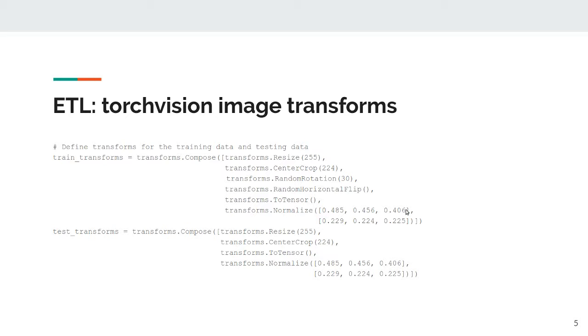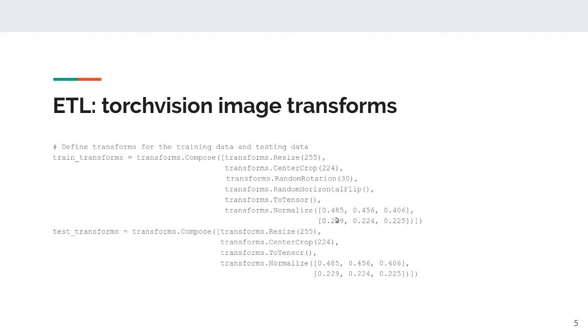Not the dog data set that you are using, but the standard computer vision data set that is used for training the pre-trained models, which is the ImageNet data set. It has millions of images, and they have computed these normalization parameters.